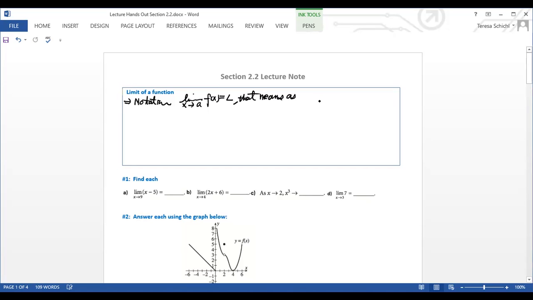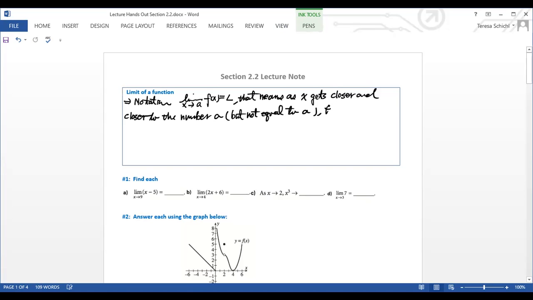That means as x gets closer and closer to the number a, but not equal to a, I'm just getting closer and closer, but I'm not equal to a. I'm just getting infinitely, very, very close.